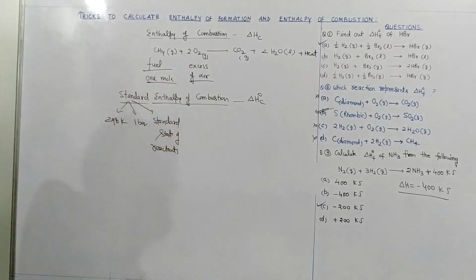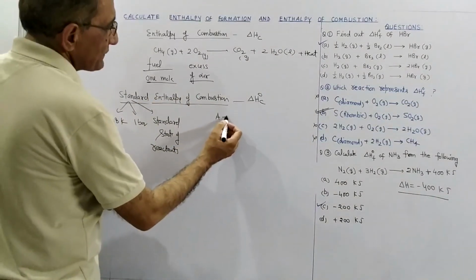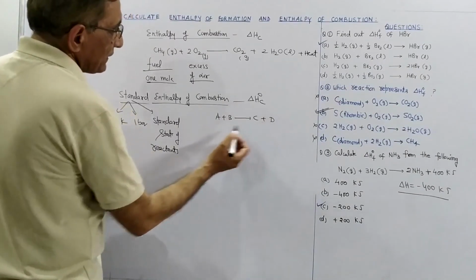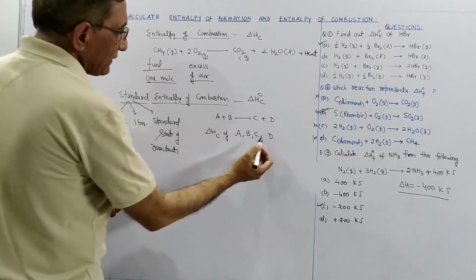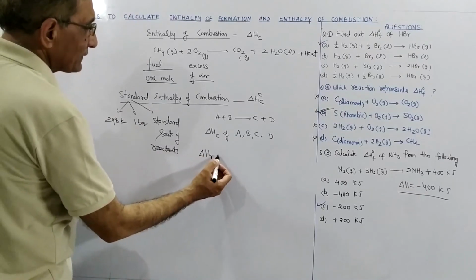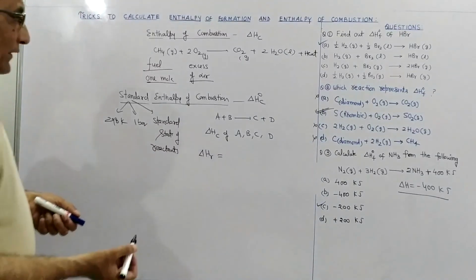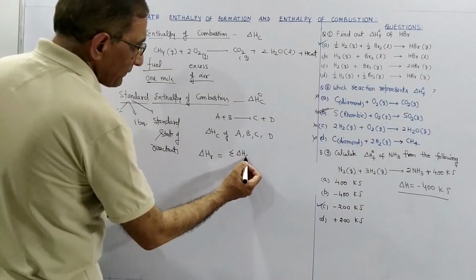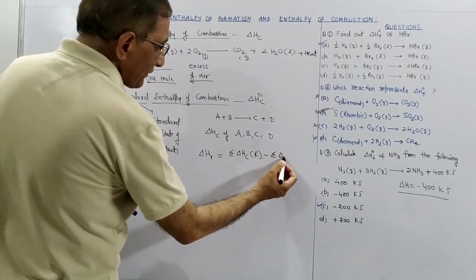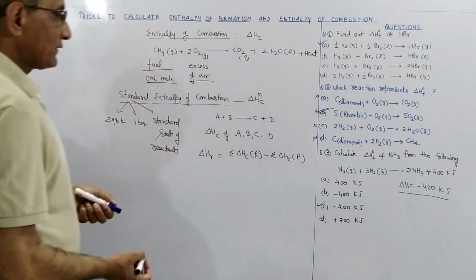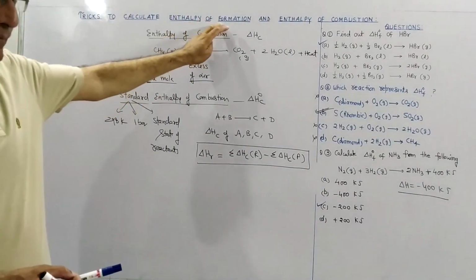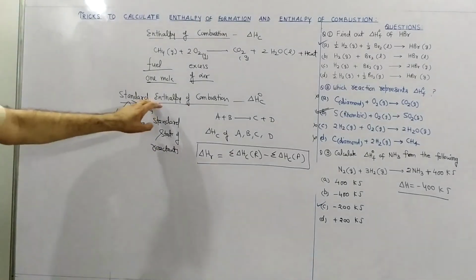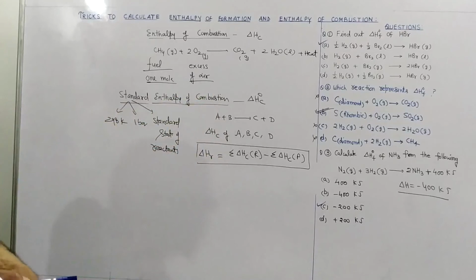Now students, if in any numerical problem they have given you enthalpy of combustion, suppose we have A plus B is equal to C plus D, and they have given you the standard enthalpy of combustion of A, B, C and D, and you need to calculate the enthalpy change of the reaction, here you have to take the sum of standard enthalpy of combustion of reactants minus the sum of standard enthalpy of combustion of products. So you have to take care that in case of enthalpy of formation data, it is product minus reactant, but in case of enthalpy of combustion data, it is always reactant minus product.